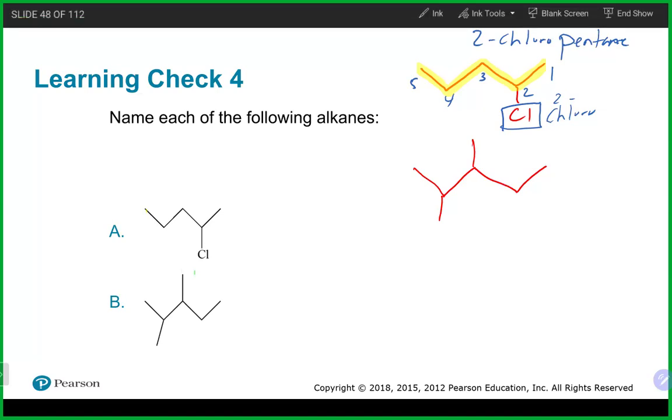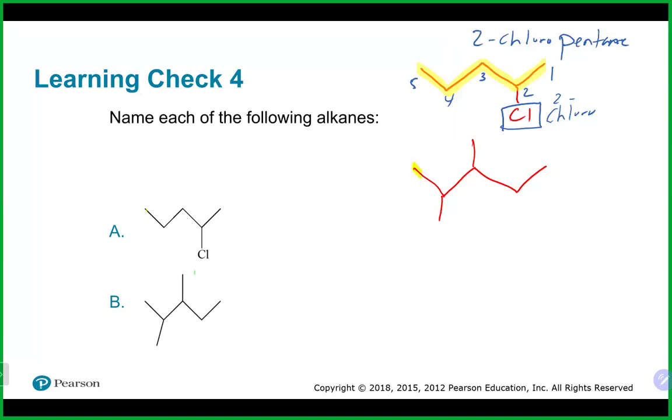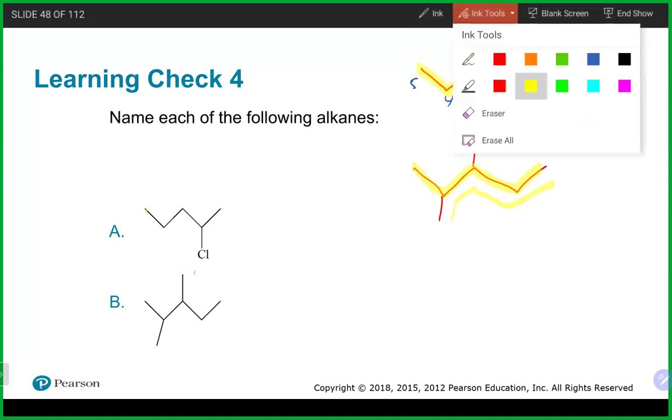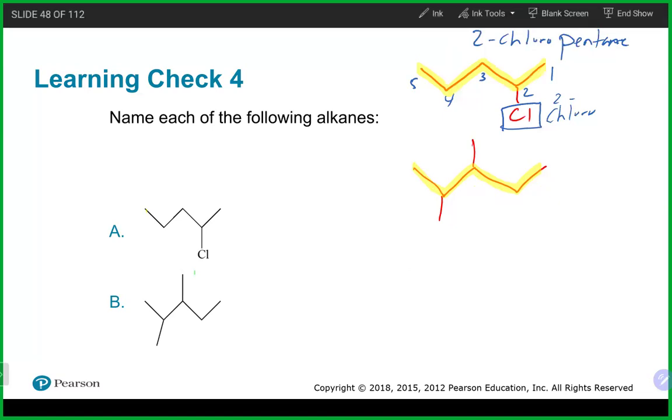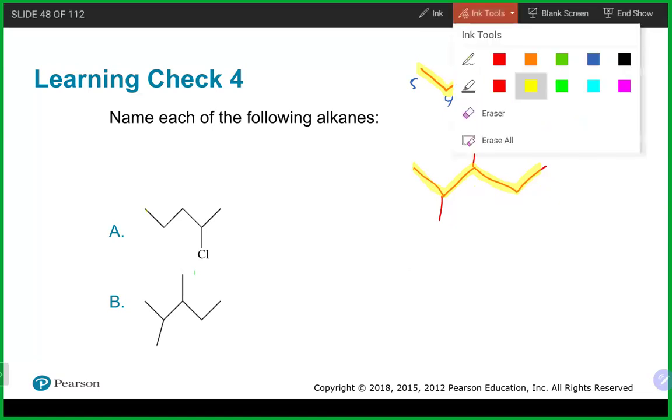Coming to the guy on the bottom there, the longest carbon chain looks like 1, 2, 3, 4, 5. You could also get, if you went this way, 1, 2, 3, 4, and 5, so you could go that way if you like as well. Again, as I mentioned last time, if you have the option and you got a straighter one that's just straight across, sometimes that's easier to see.